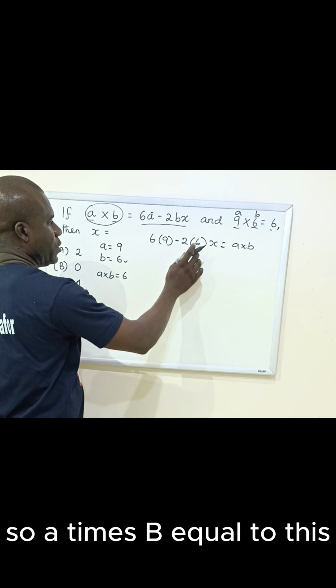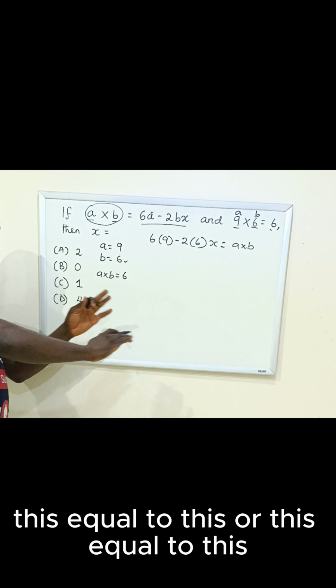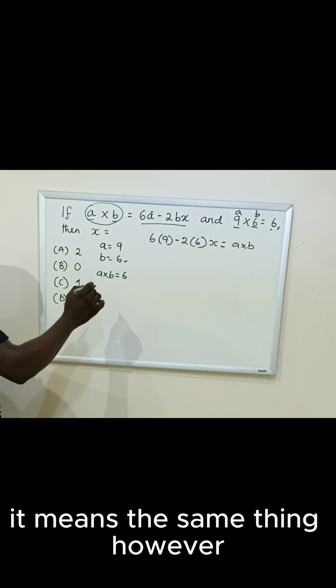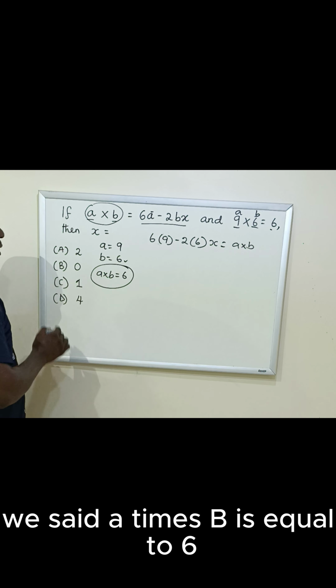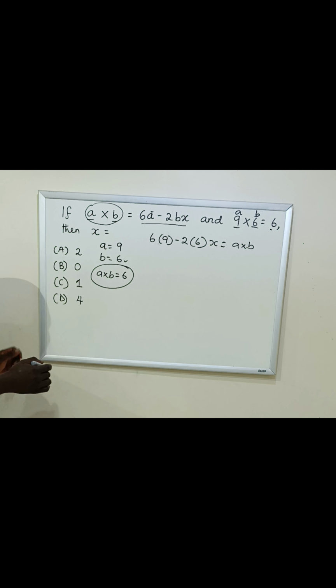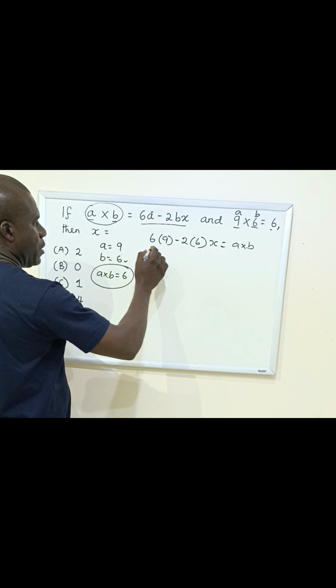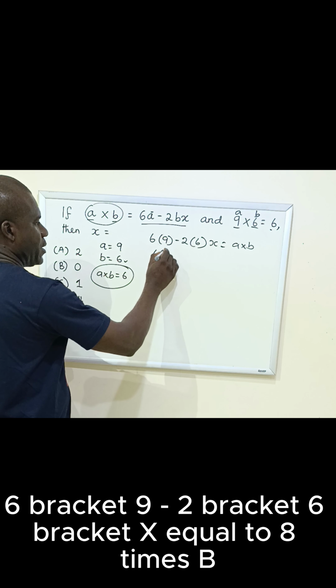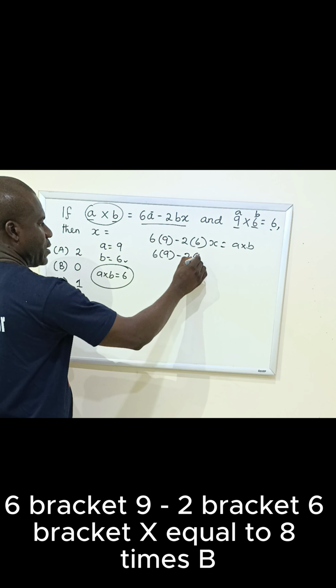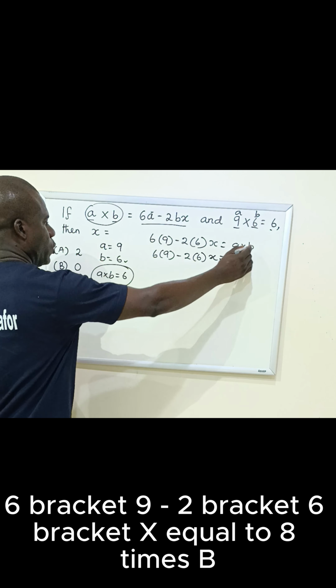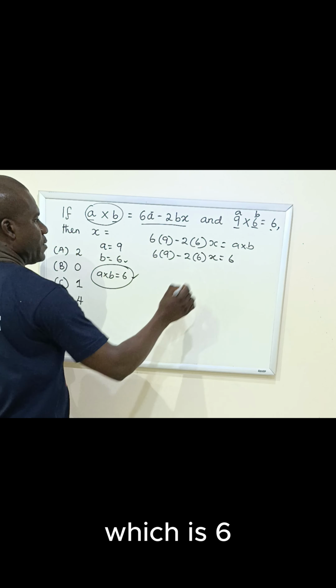So A times B equal to this, or this equal to this. It means the same thing. However, we said A times B is equal to 6. So 6 bracket 9 minus 2 bracket 6 bracket x equal to A times B, which is 6.